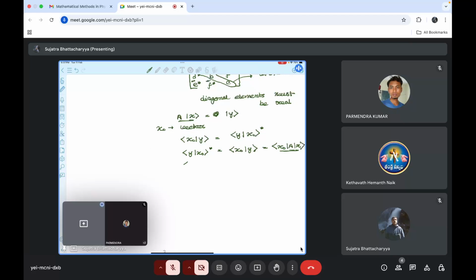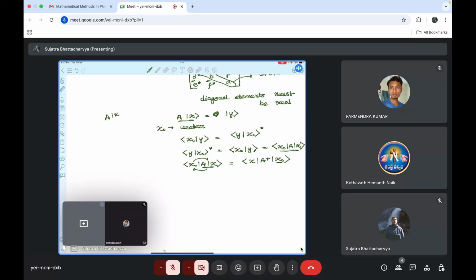Now, if you just want to flip this here and x naught here, you can write it as x A dagger x naught. See, x naught has come on the right hand side.